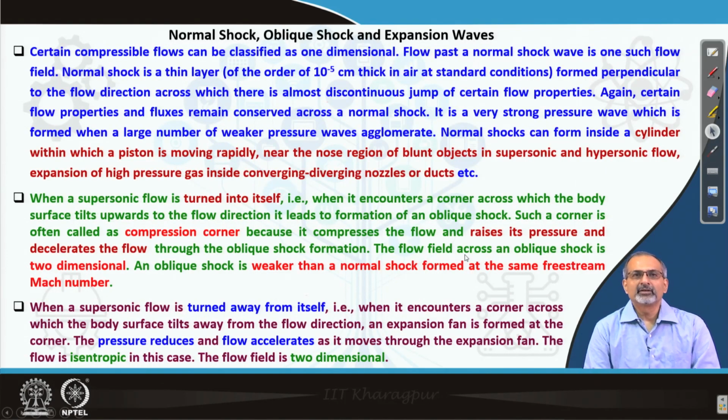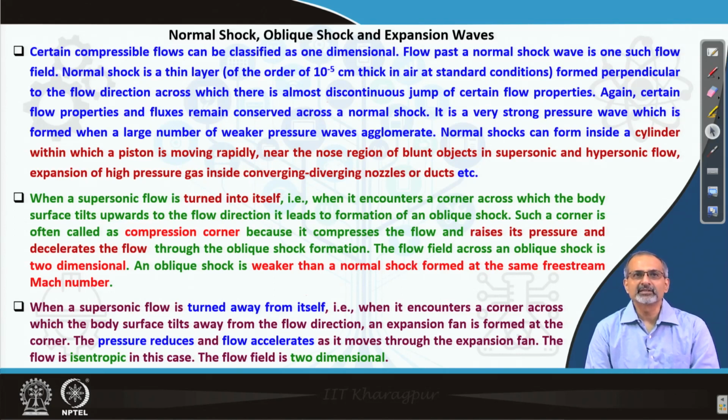As you may recall, in the previous slide itself we talked about normal and oblique shocks. We also talked earlier about expansion waves. Essentially, when we talk about shocks, we say that these are strong compressive waves and they create a discontinuous jump of certain flow properties.